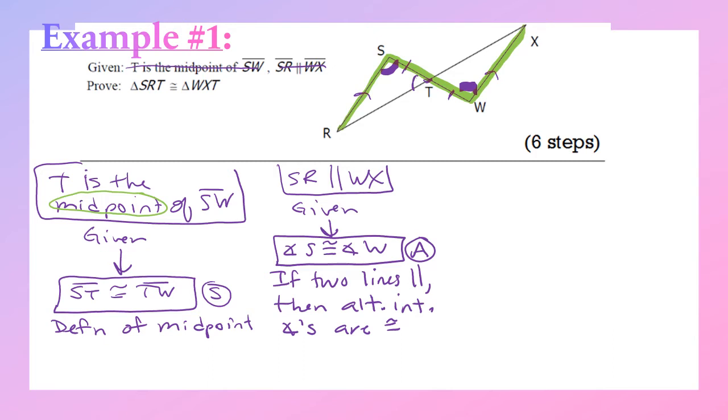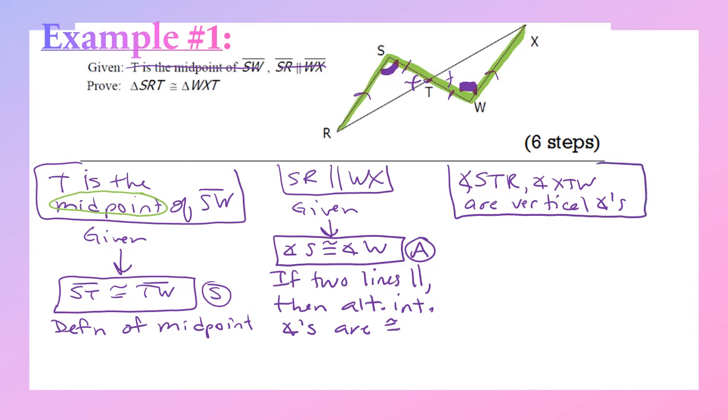I'm going to say that this angle here is congruent to this angle here because they are vertical. So I can come down and say that angle STR and angle XTW are vertical angles. How do I know that?